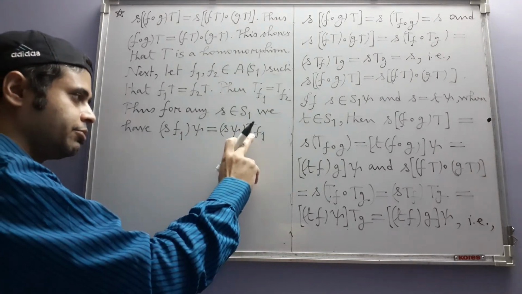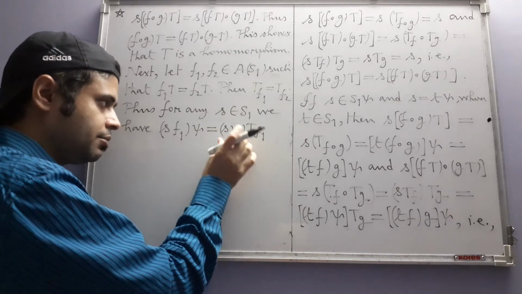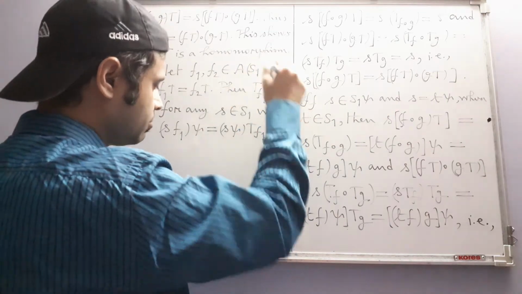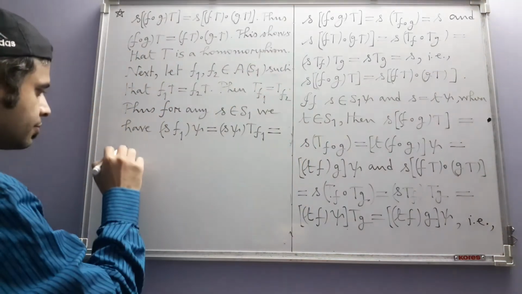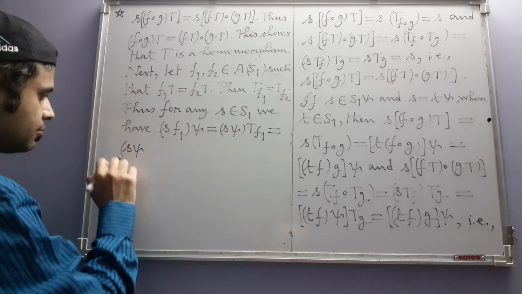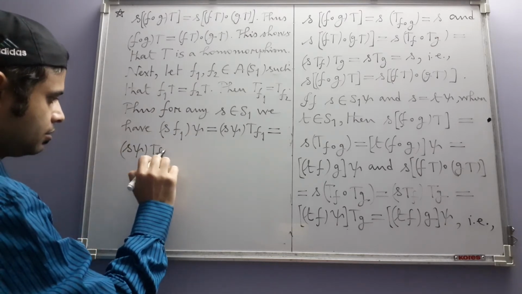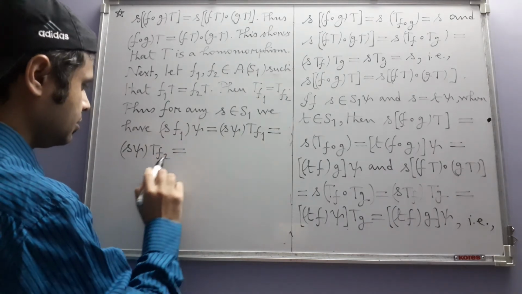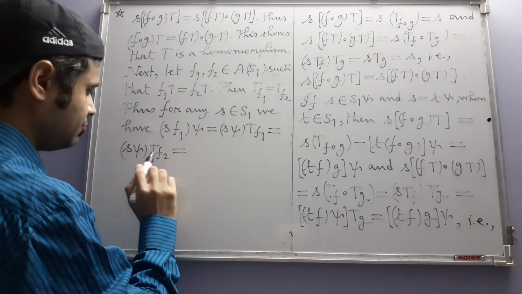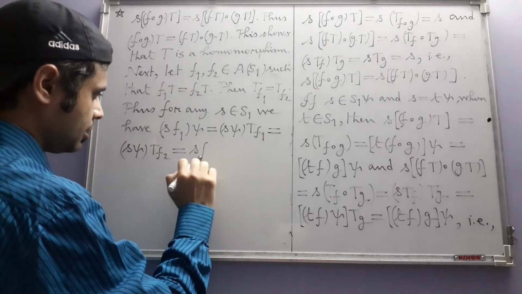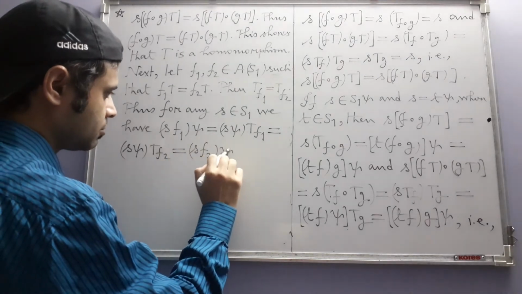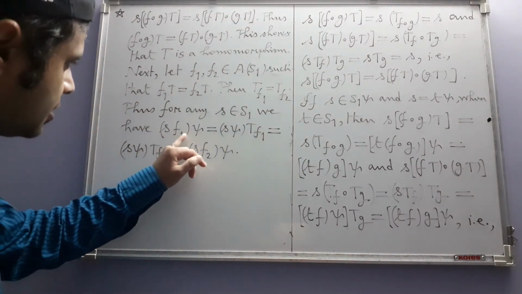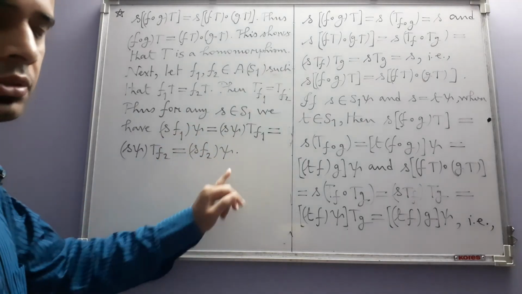So by the definition of TF1, the TF1 image of S psi will be equal to this. But then because of this equality, we get S psi TF2. And this again is, by the definition of TF2, SF2 psi. So we get the fact that SF1 psi is equal to SF2 psi.